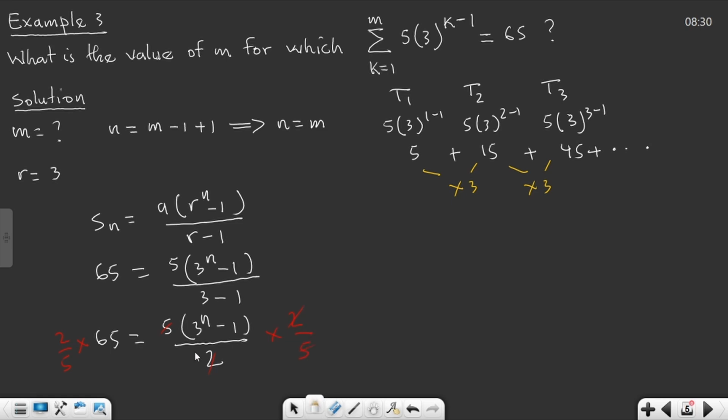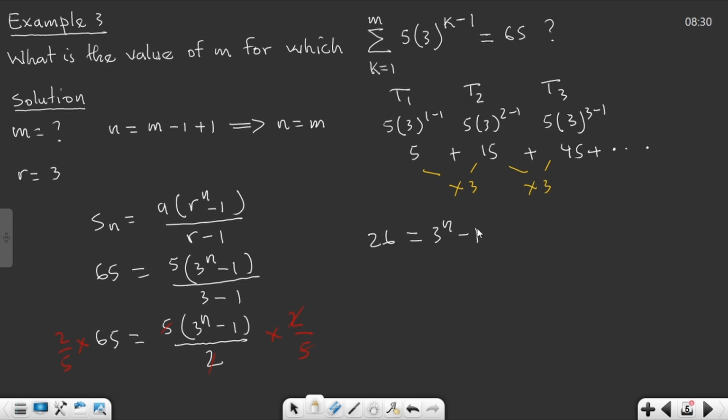So you carry on. On the left side, 65 divided by 5 is 13. 13 times 2 is 26. So you have 26 on the left side. 26 is equal to what? 3 to the power of n minus 1. This is cancelled. So I remain with 3 to the power of n minus 1.